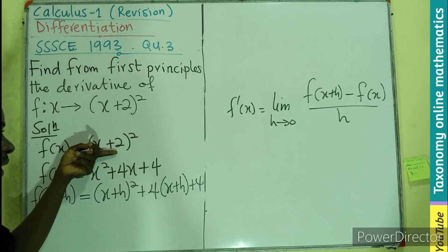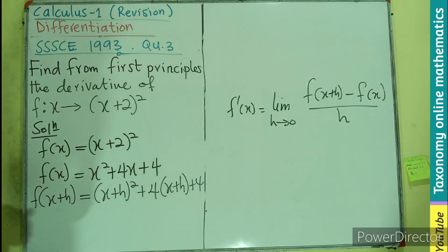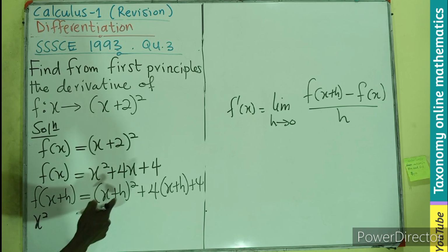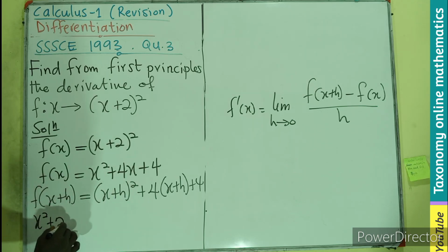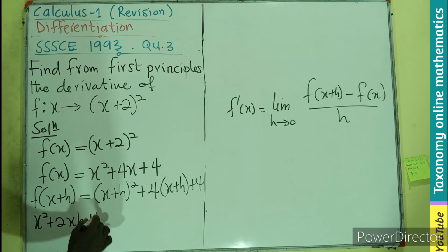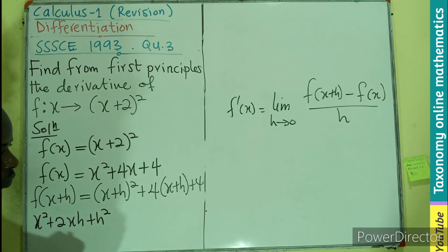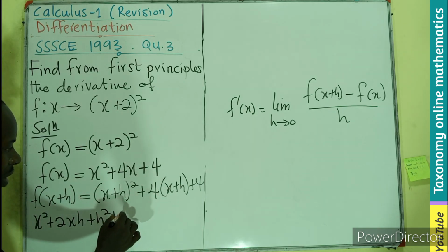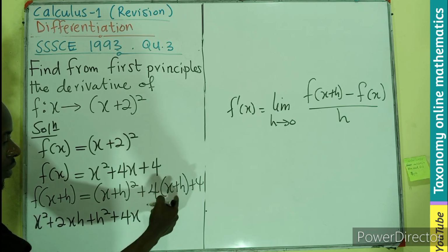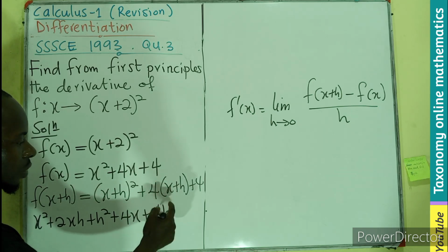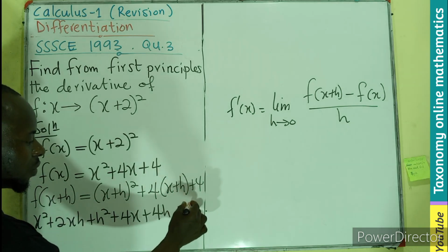With the same explanation here, we can expand this, square the first, that will be x squared. Their product will be xh, twice of that will be 2xh, right? You square the last term to be h squared. We can expand this to have 4x plus 4h, then plus 4.